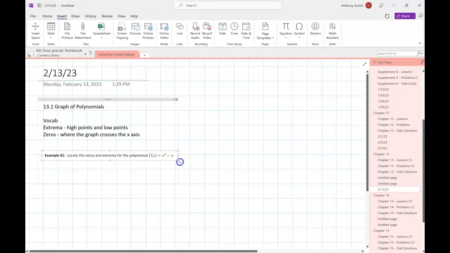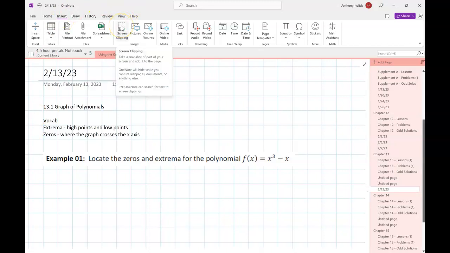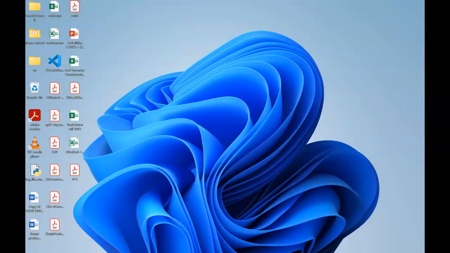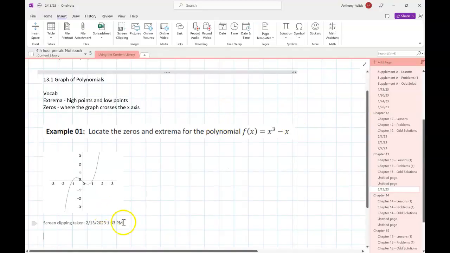So if we asked you guys to locate the zeros and extrema for the polynomial x cubed minus x, what would we want to do? Yeah, we'd start by drawing the graph. So we could use our calculator to do that, and it would output something that looks like this.